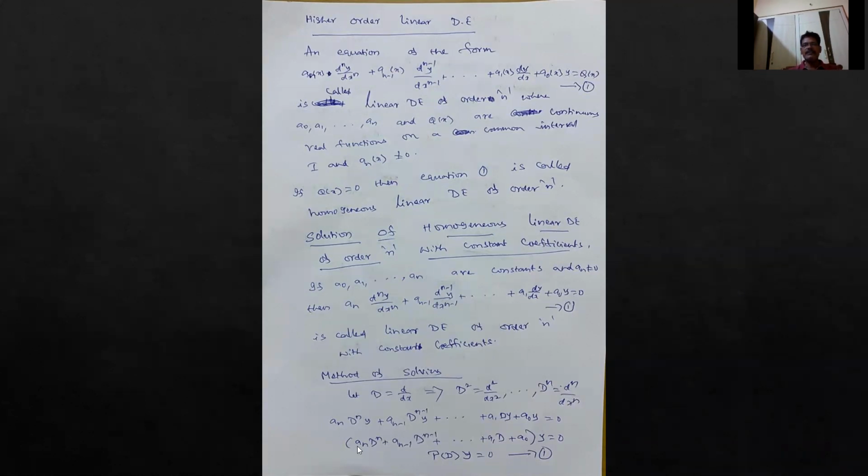We can write this equation as (a_n D^n + a_{n-1} D^{n-1} and so on, a_1 D + a_0) y = 0.